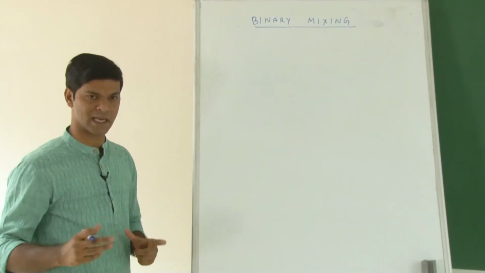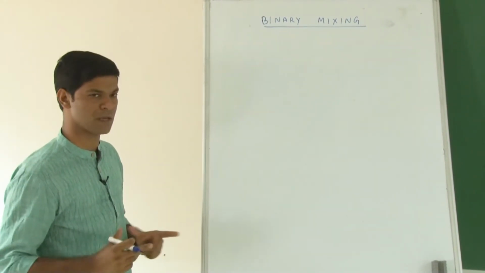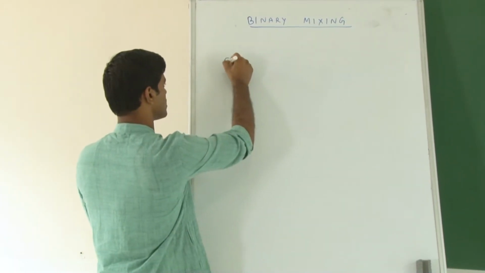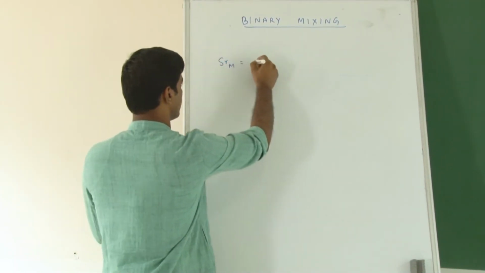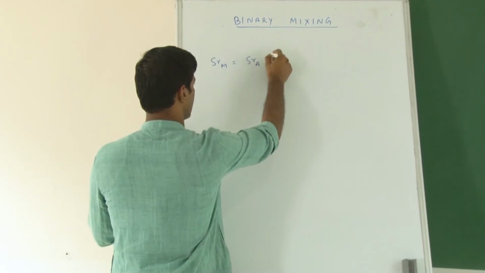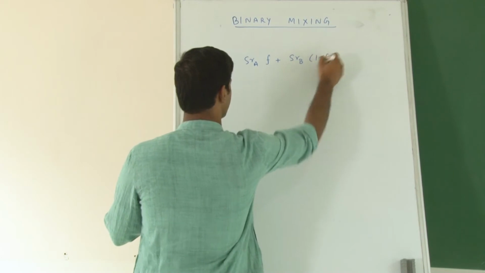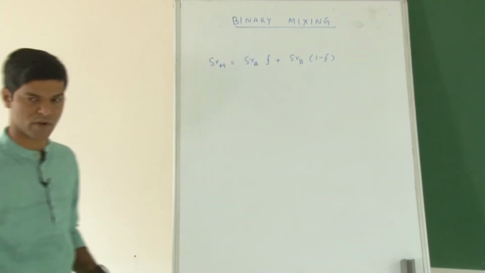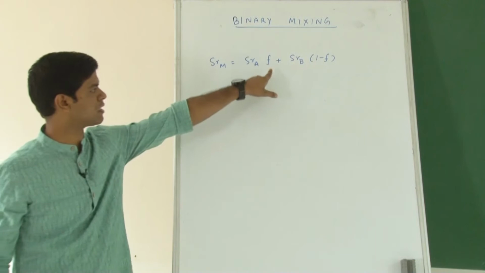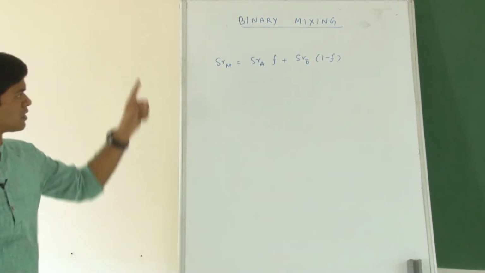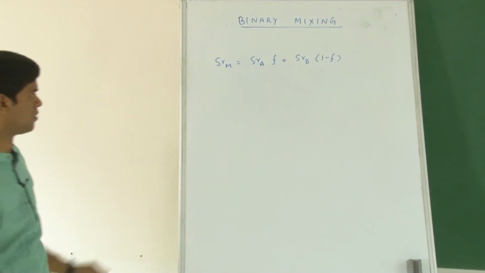Instead of taking a single element like strontium, if you have two elements, how will the binary mixing look like. Let us say strontium, which is in a mixture, will be strontium A into F plus strontium B into 1 minus F. So, we are talking of two sources A and B. They mixed in a particular proportion F and 1 minus F to produce a mixture, and the strontium in the mixture will be of this form.